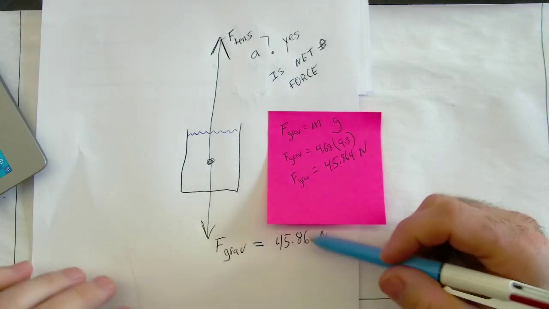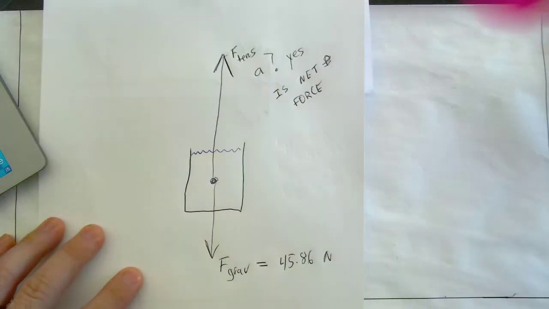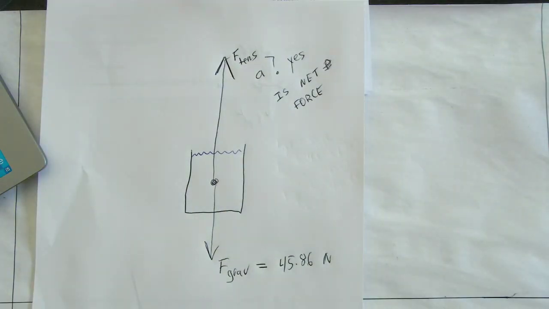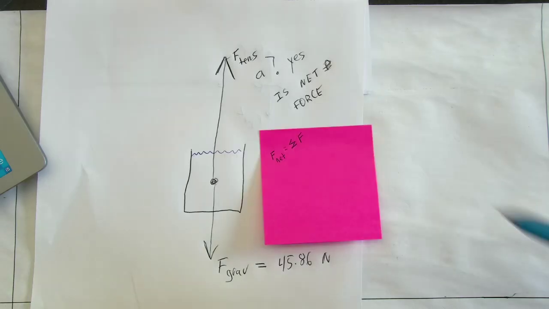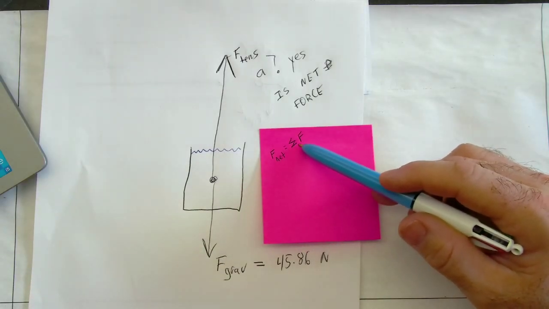Now, to actually solve for the force of tension, what we have to realize is another equation, and that is that the force net is equal to the sum of the forces.